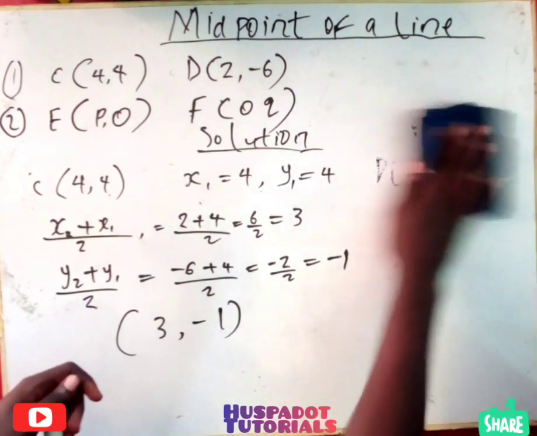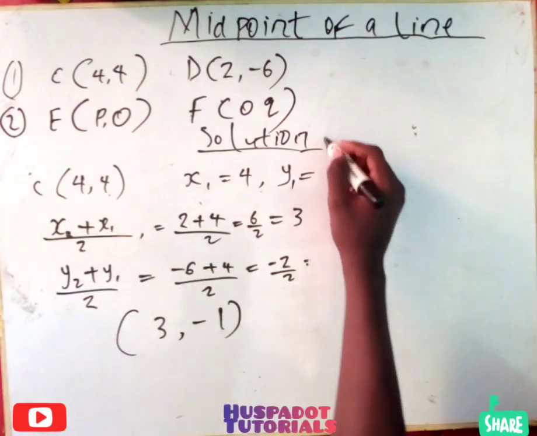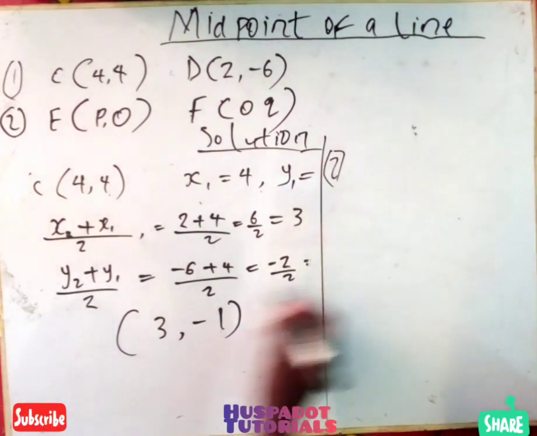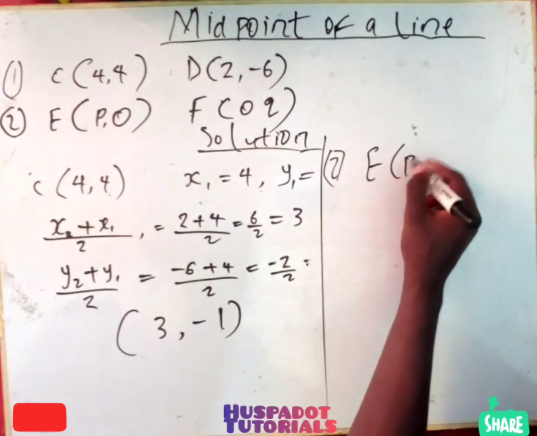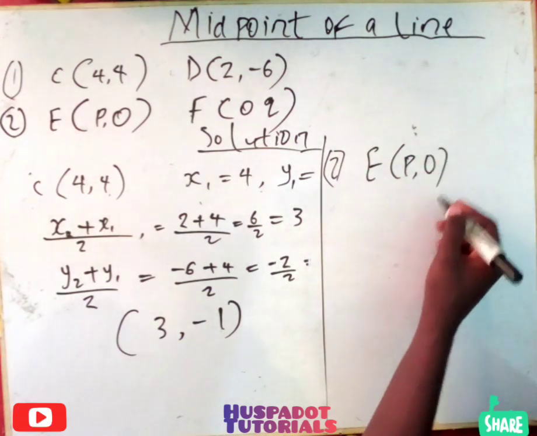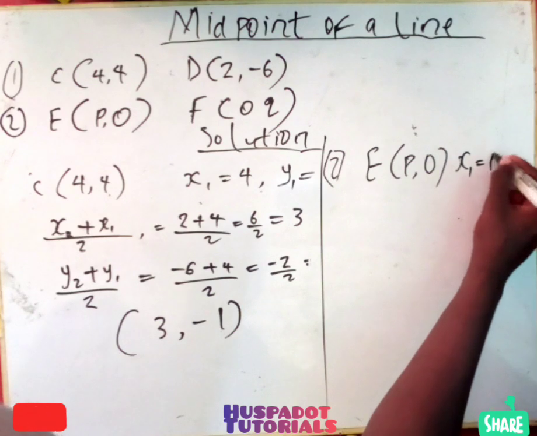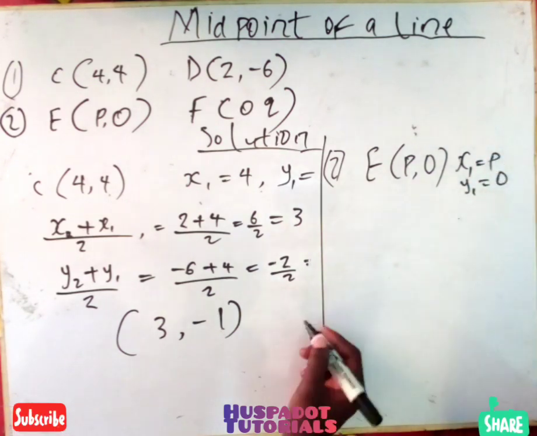So now, moving to the second example, point E has coordinates p and 0. So we know that our x1 here is p and our y1 is 0.